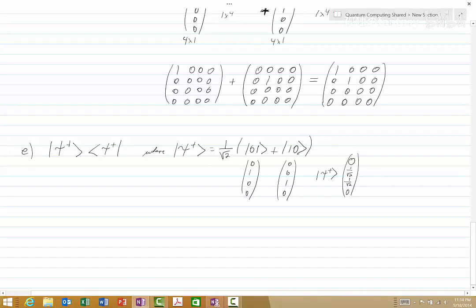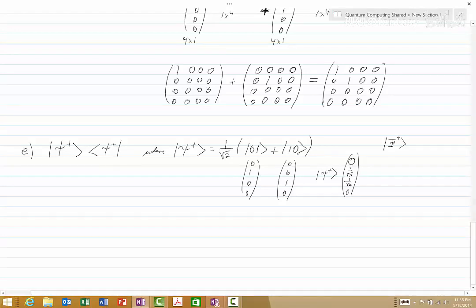And for those of you who worked with the original vector that was given, the 0 0 plus 1 1, that is actually phi plus. So let's see what you would have gotten. Well, 0 0 corresponds to the column vector 1 0 0 0, and 1 1 corresponds to the column vector 0 0 0 1.